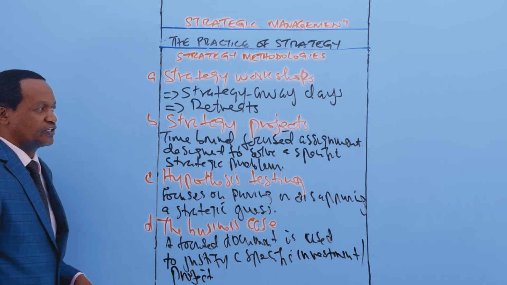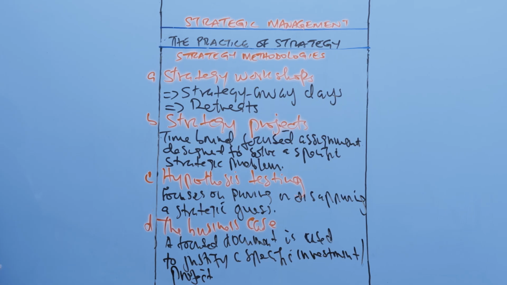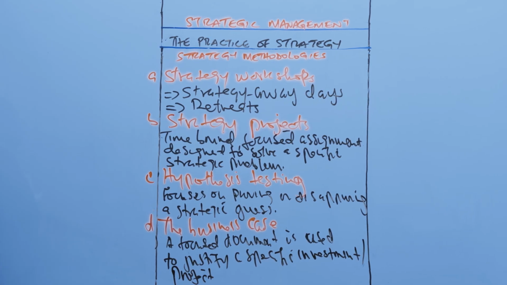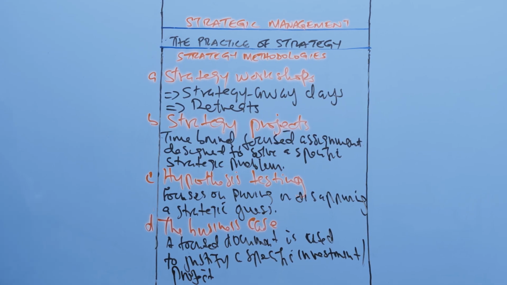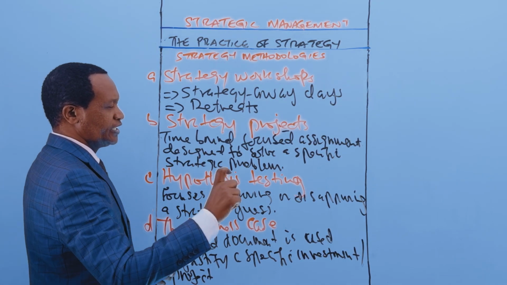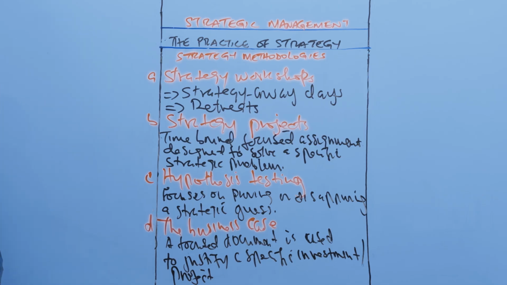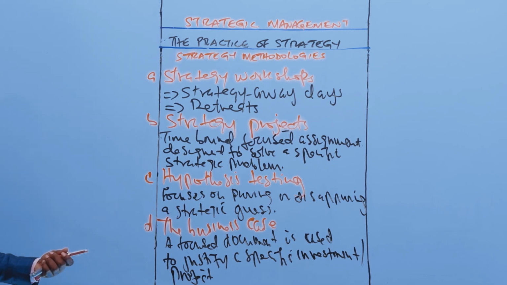And here, the key components could be the strategic rationale, the financials, which could be the cost or return on investment, the risks, and even the implementation timeline. And the purpose is to get buy-in from the board or from investors for a single move. And that is the business case, candidates.